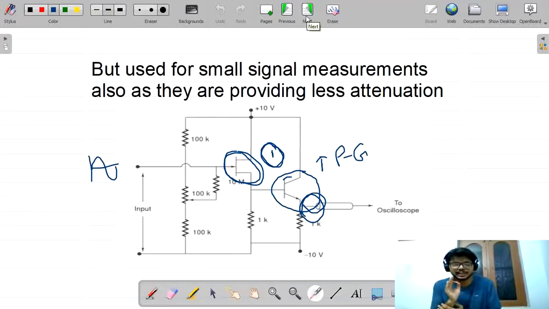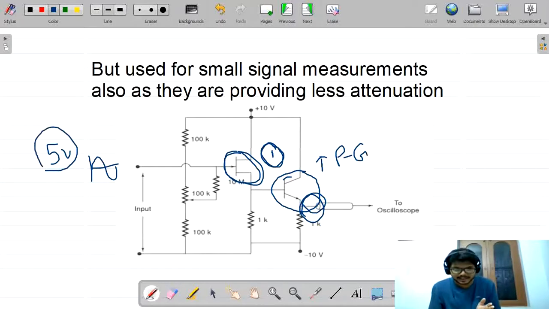But there is only a limitation that the FET can handle only a small amount of voltage. Suppose for example this FET can handle only 5 volts.